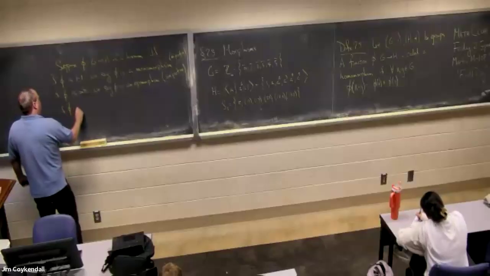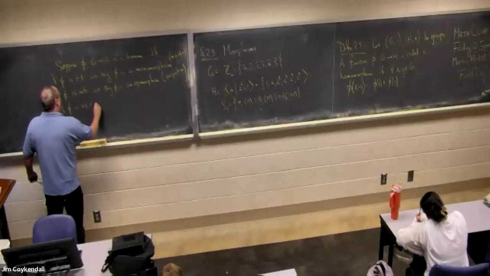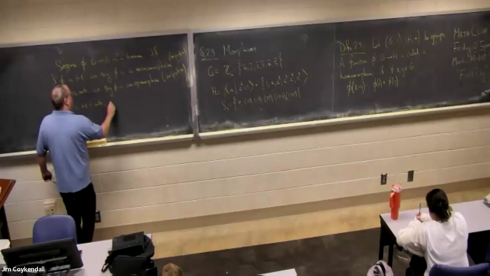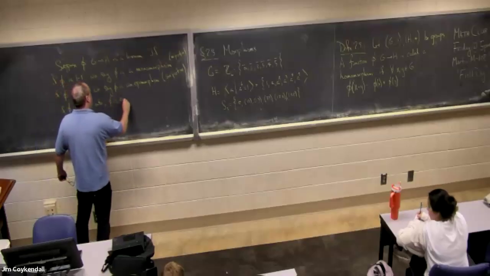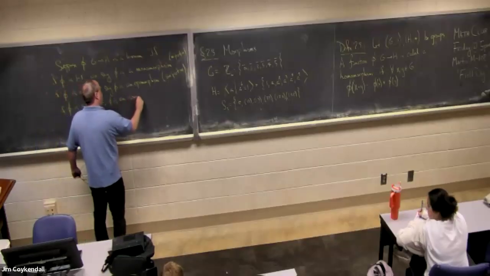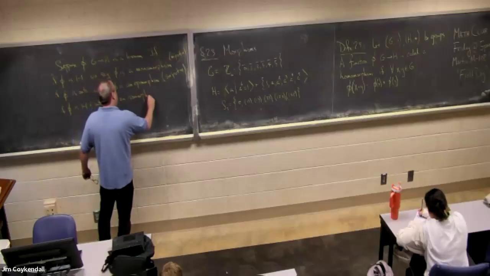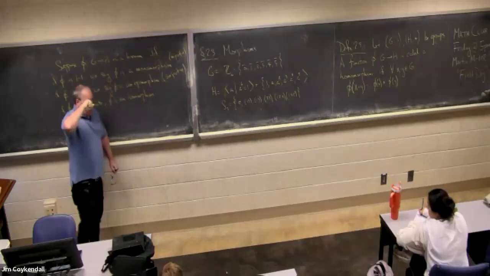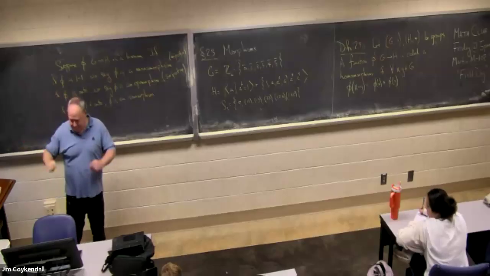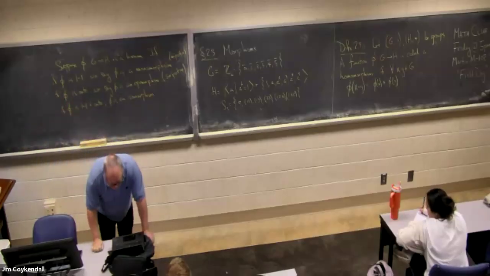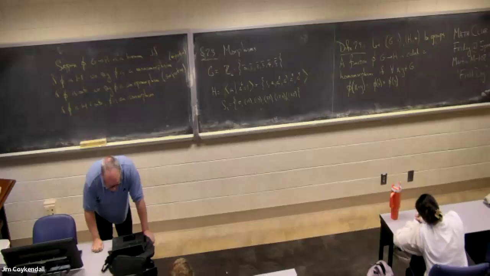If phi is 1 to 1 and onto, phi is an isomorphism. Or sometimes we say a bijective homomorphism.